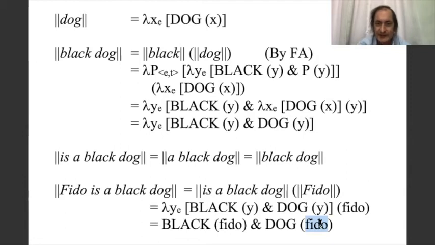Okay. Now, one of the things that's good about this analysis is this final result, because black Fido is the translation of the sentence "Fido is black." And dog Fido is the translation of the sentence "Fido is a dog."